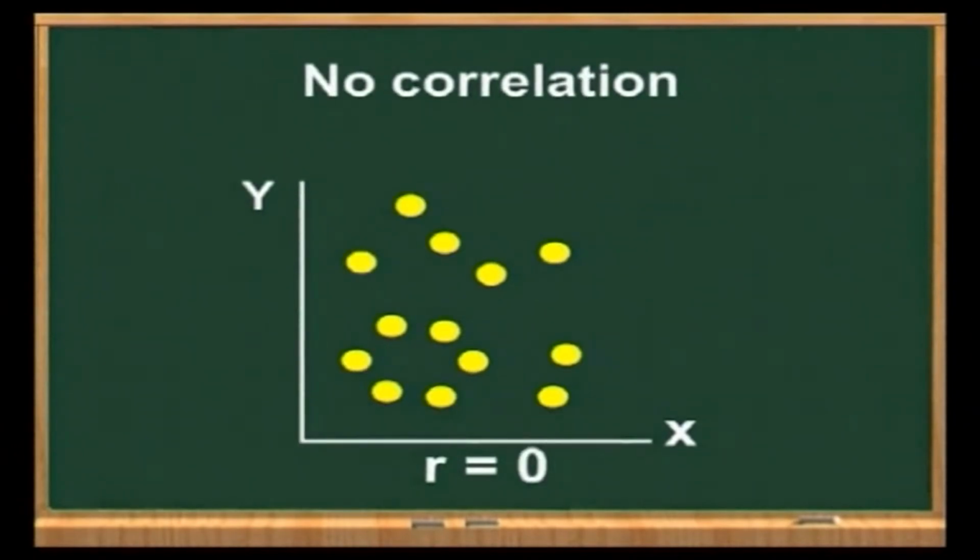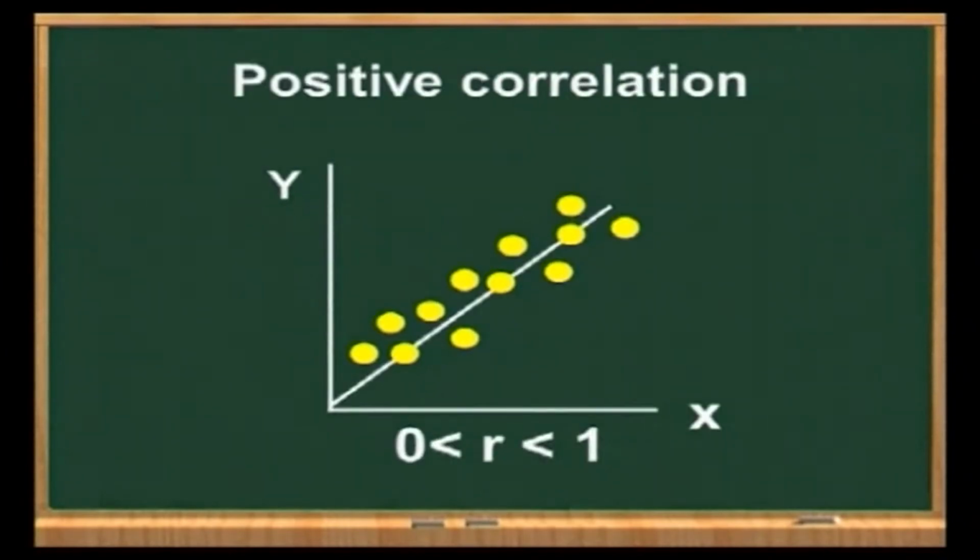If x and y are not related at all, the R value is 0, and we would conclude that x is responsible for none of the change in y. If the data points assume an oval pattern, the R value is somewhere between 0 and 1, and a moderate relationship is said to exist.